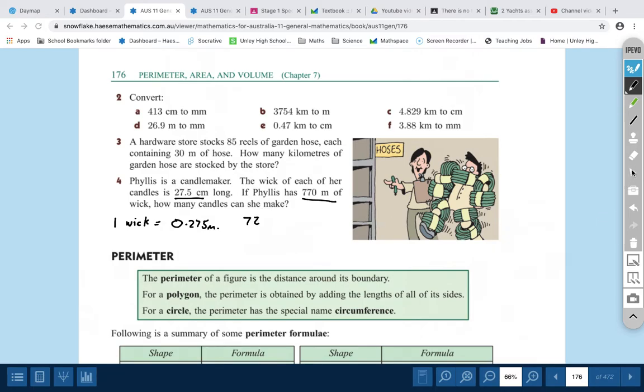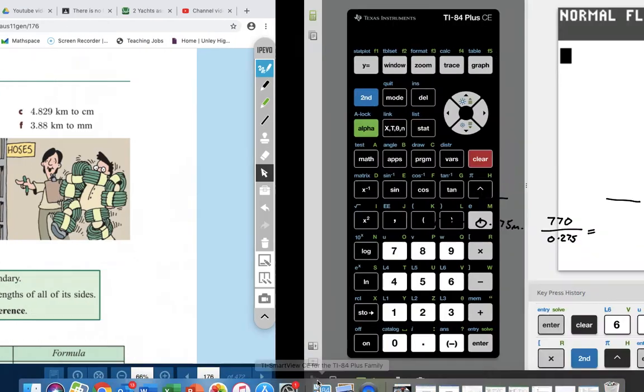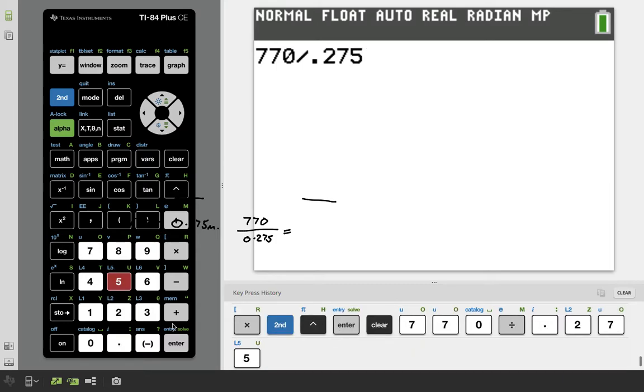So she could divide 770 metres up by 0.275 metres, and we could work out how many candles she could make. I've got my trusty Texas Instruments calculator here. 770 divided by 0.275 equals 2,800.